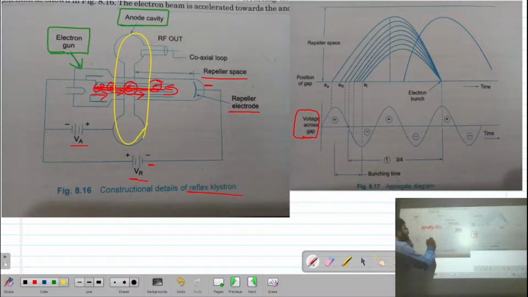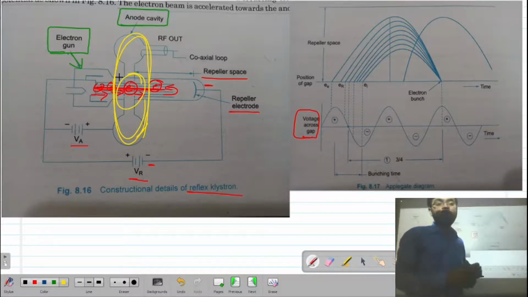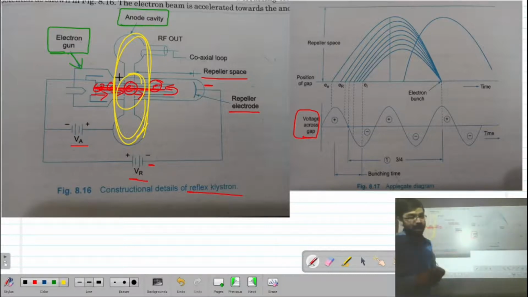That will be taken over here and amplified through the interaction of this electron beam. Due to the arrangement of the circuit apparatus in such a way, it will have sustained oscillation. It will be going on and on.